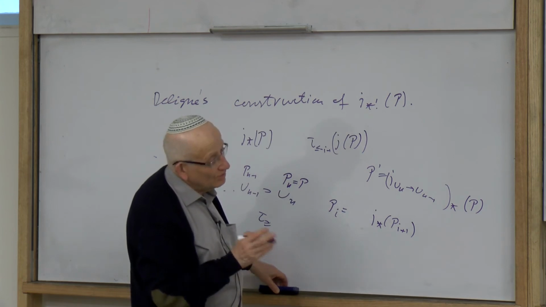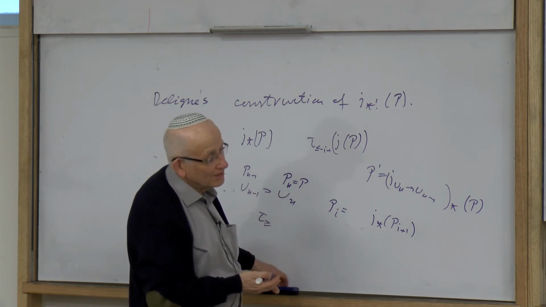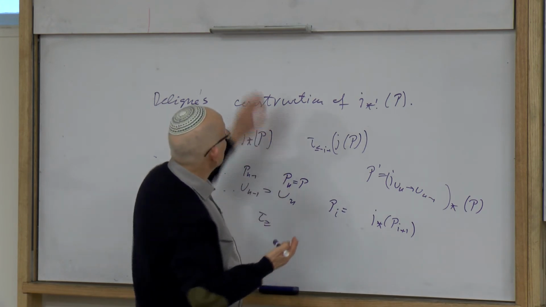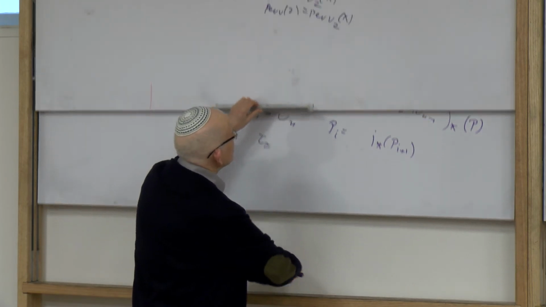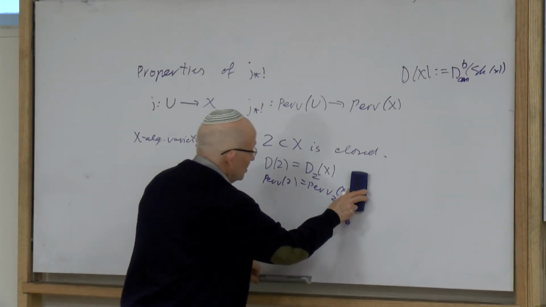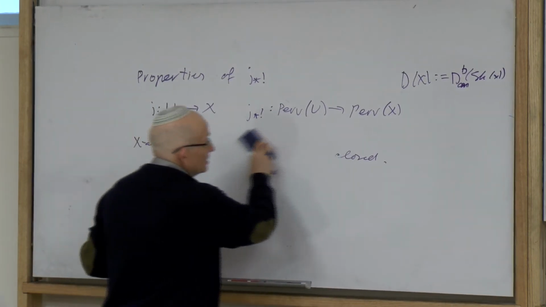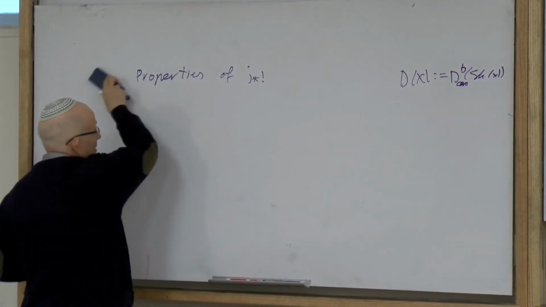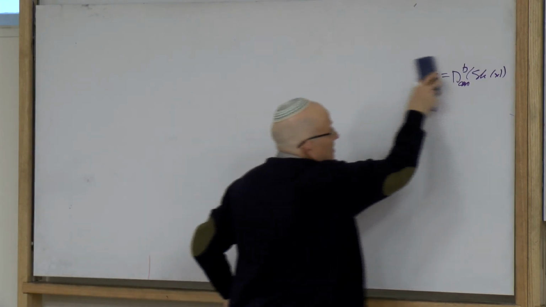Okay, so now what I want to do is some example, just to see how it works. Just to see, for instance, that this functor is not exact, why it is not exact.